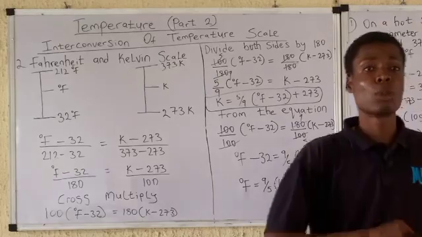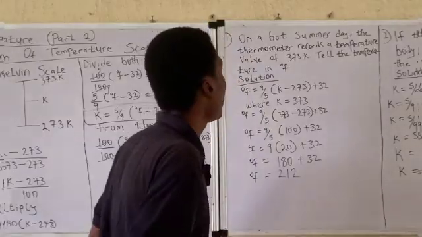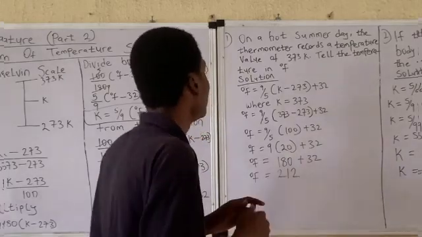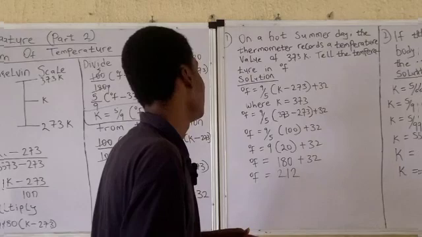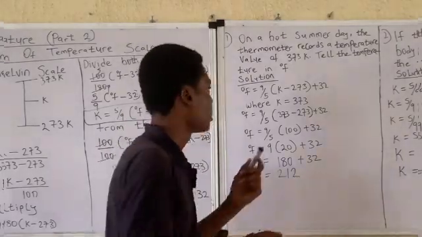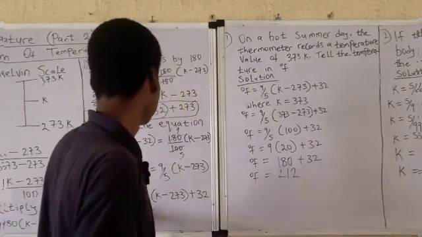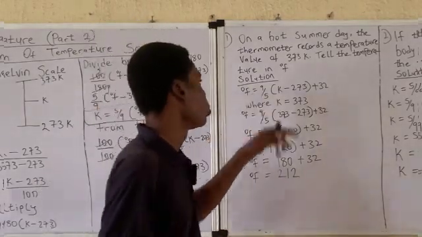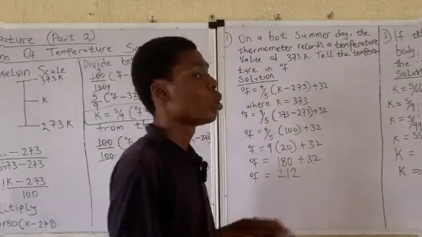So let's take some examples on this. Example number one: on a hot summer day, the thermometer records a temperature value of 373 Kelvin. Tell the temperature in Fahrenheit. Our formula is Fahrenheit equal to 9 over 5 in brackets Kelvin minus 273, plus 32.